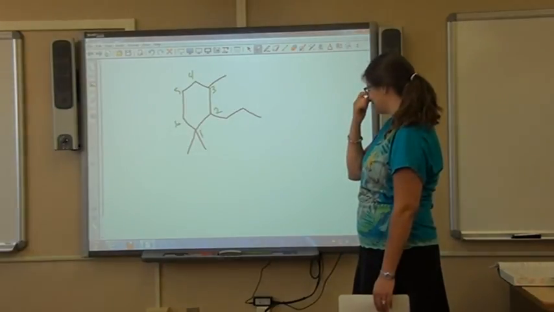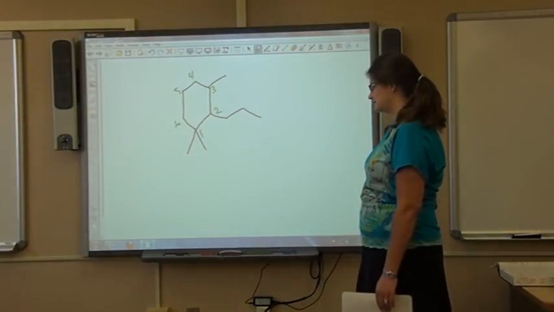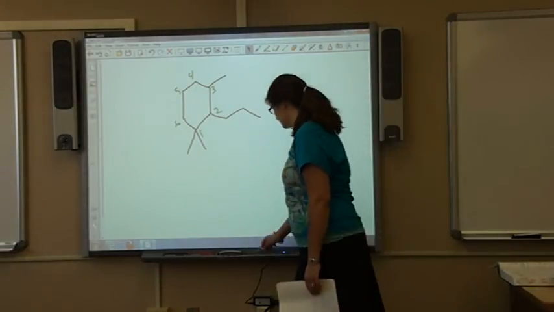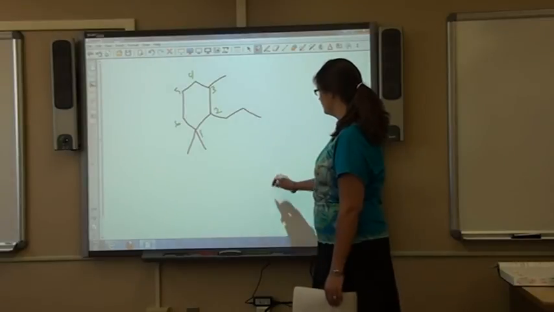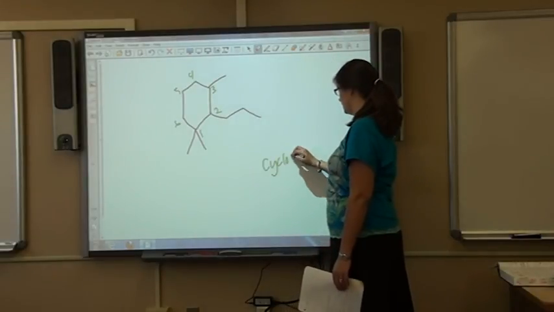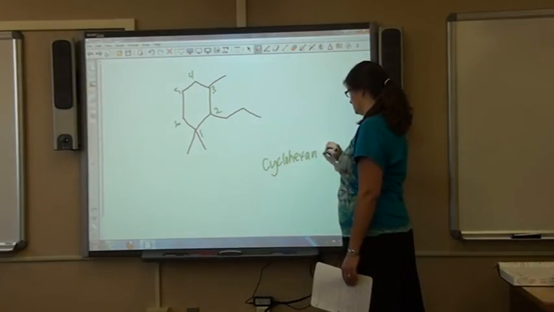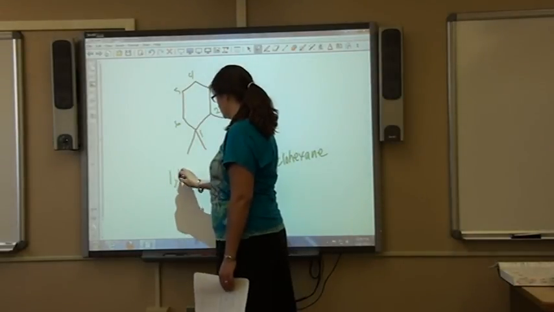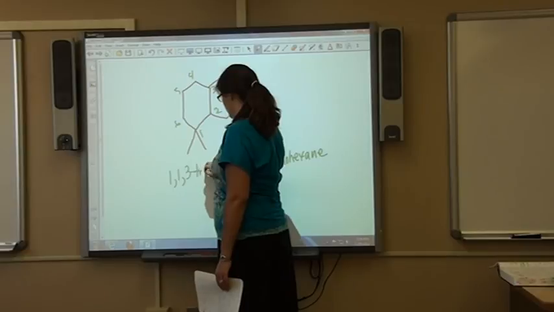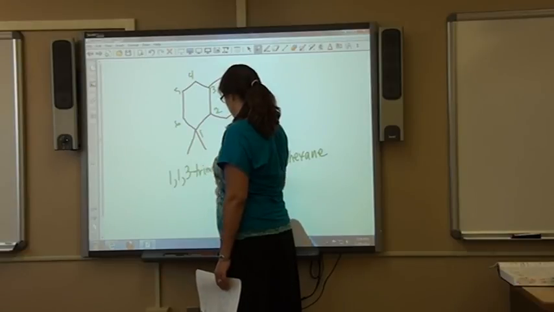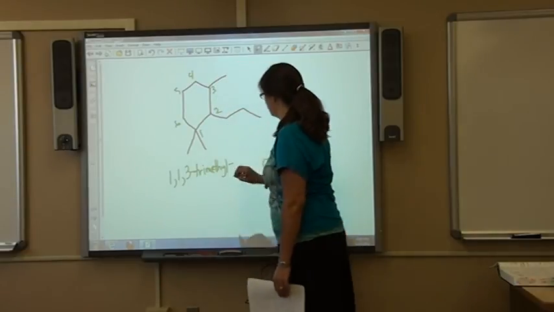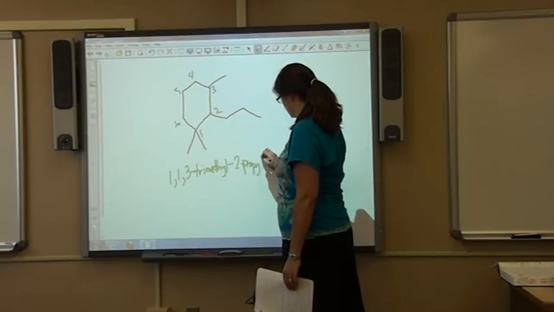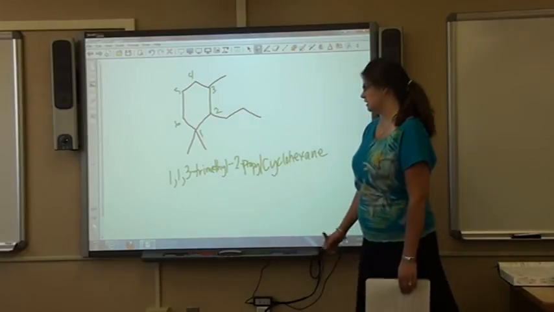How fussy am I going to be about this? Not all that fussy. All right, so here we have a cyclohexane, and we have got 3 methyls, so that is 1, 1, 3 trimethyl, 2 propyl cyclohexane.